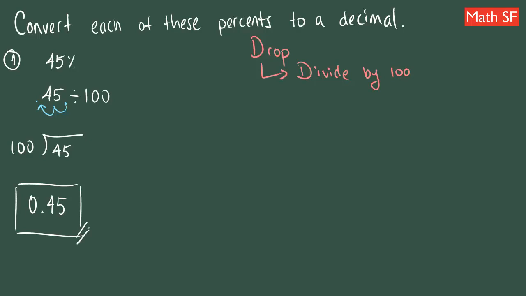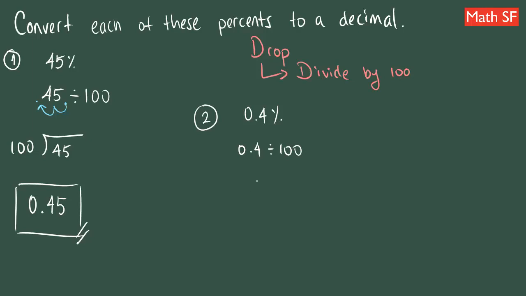Now number 2, they're asking you to drop the percent once again. Number 2 is 0.4%. They want this as a decimal, so let's drop the percent sign, which means dividing 0.4 by 100.